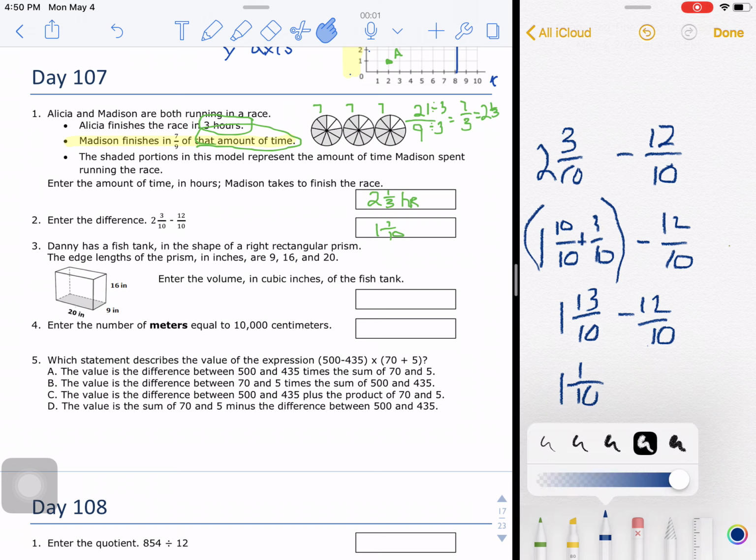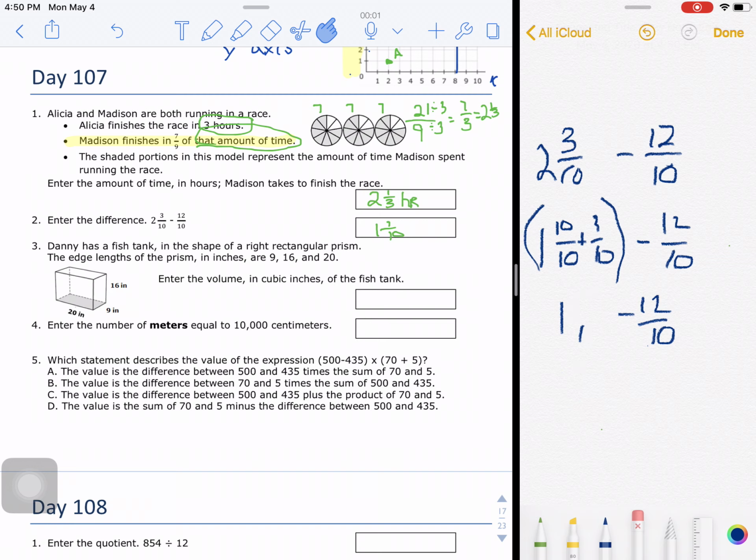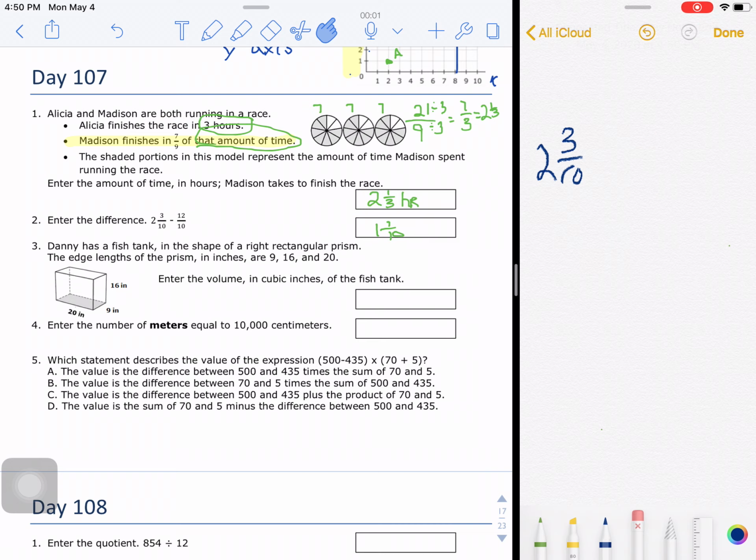Problem number 3. Danny has a fish tank in the shape of a right rectangular prism. The edge lengths of the prism in inches are 9, 16, and 20. Enter the volume in cubic inches of the fish tank.